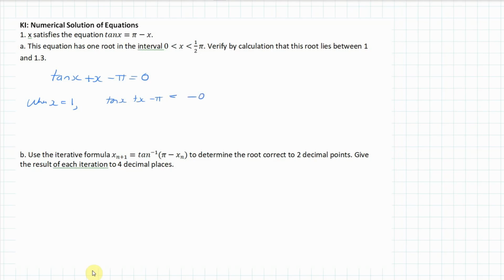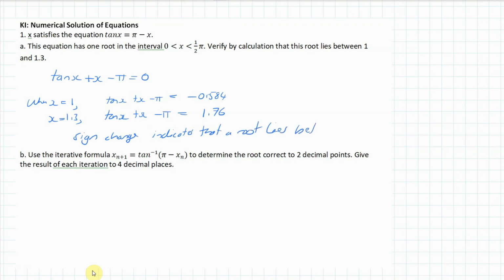Negative 0.584. And when x equals 1.3, tan x plus x minus pi equals 1.76. The sign change indicates that a root lies between x equals 1 and 1.3.